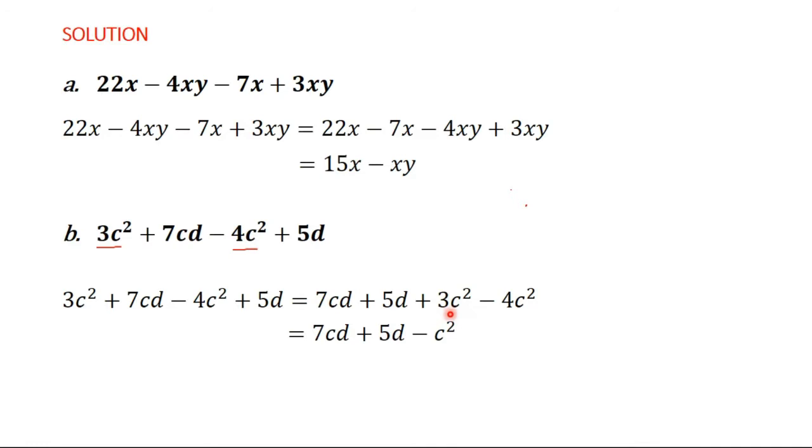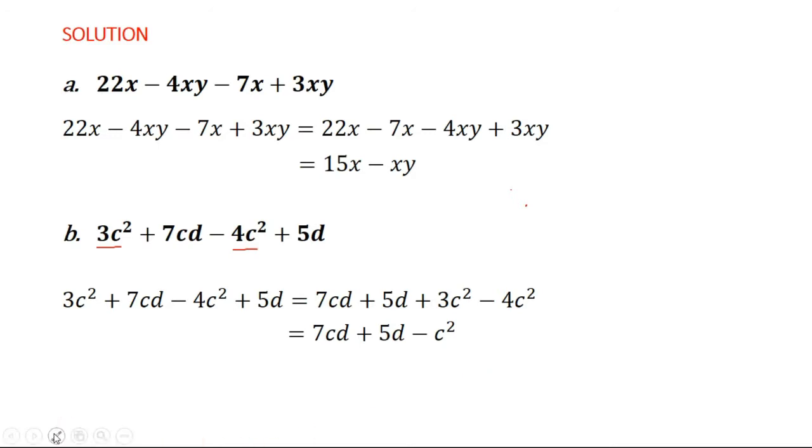But when we come here, we have 3c squared and 4c squared being like terms, and the operation separating them is minus. So we are going to have 3 minus 4. Remember, we said that we will add or subtract the coefficients. So 3 minus 4. We know that 3 minus 4 is minus 1.